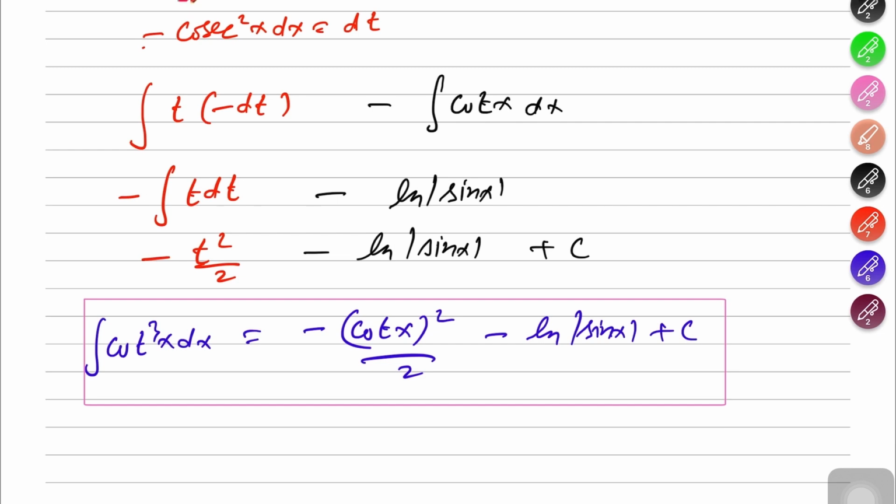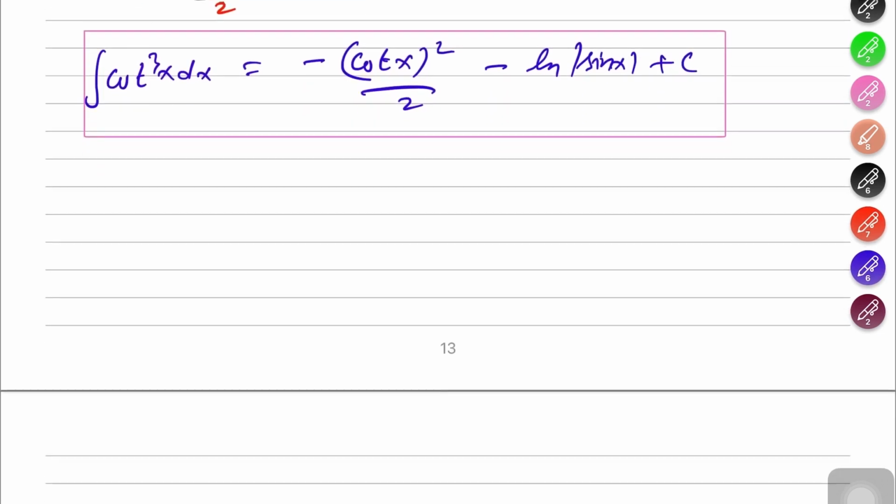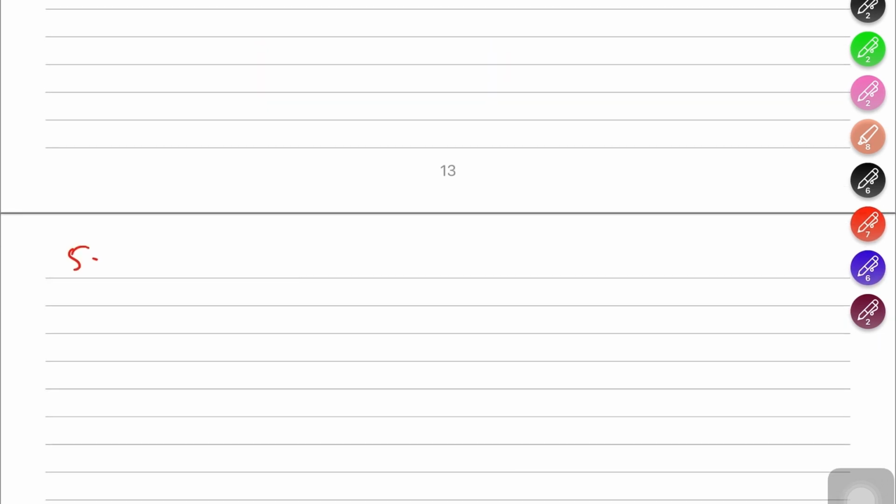Okay, let's talk about the integration of sec cube x dx. Now this is not very easy to integrate. Here we have to use integration by parts.